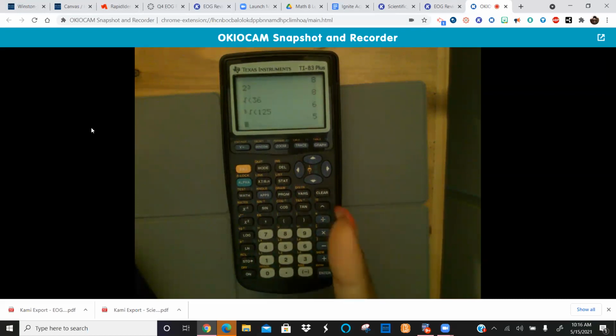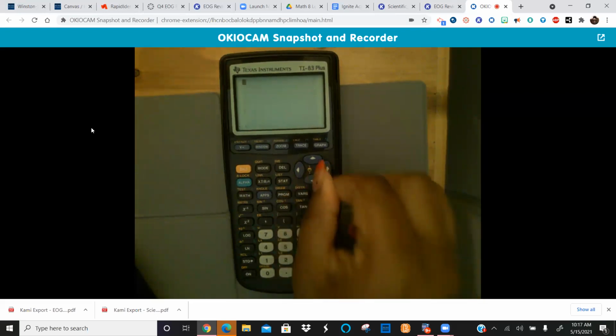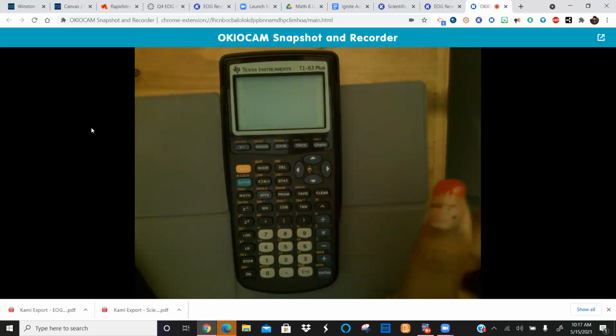It's 5. 5 times 5 times 5 is 125. So the cube root of 125, that means what number can be multiplied times itself 3 times to give you 125, and that number is 5. Are you okay with all of this? Yes, ma'am. Okay, cool beans. All right.